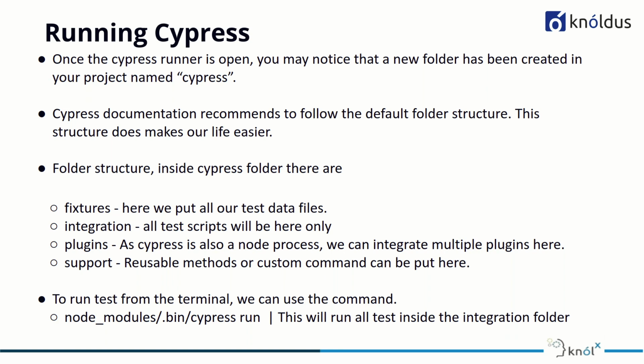It is a default project structure that Cypress provides on its own, and from my point of view, it does make our life easier. I'll explain why. The fixtures folder is where we can put all the data files where we can read our test data and manipulate it.